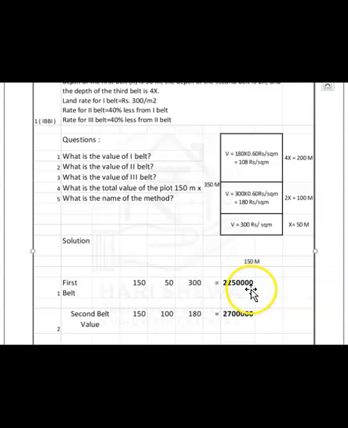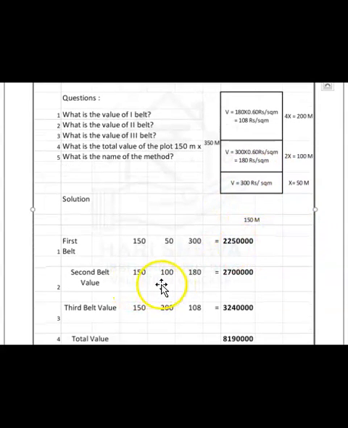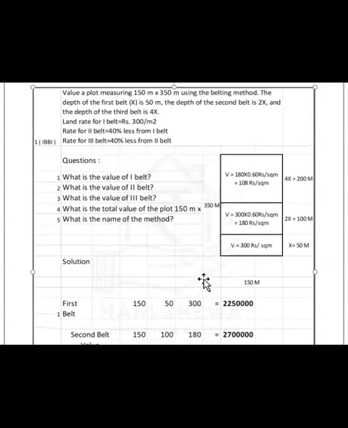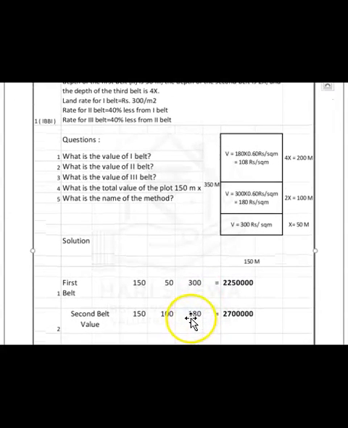So 22 lakhs 50,000 is the value of the first belt. Second belt: 150 into 100, rate given 180 rupees, 40% less than 300, which will come 180 rupees. So value will be 27 lakhs.